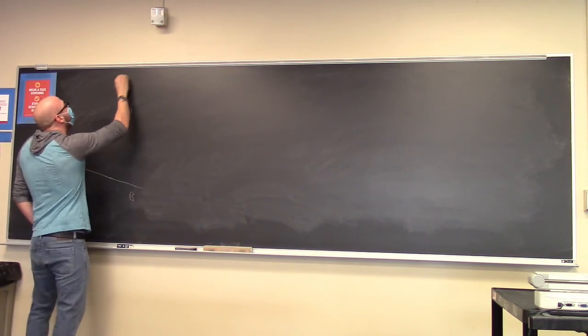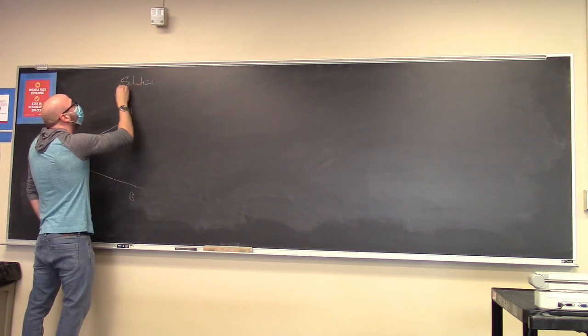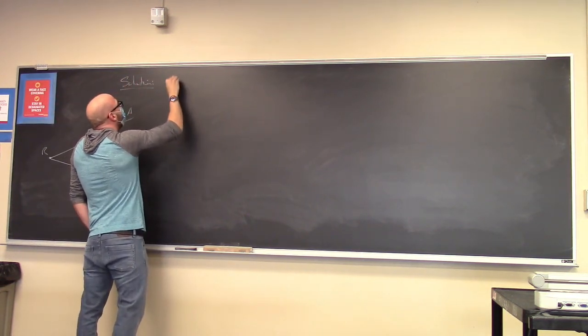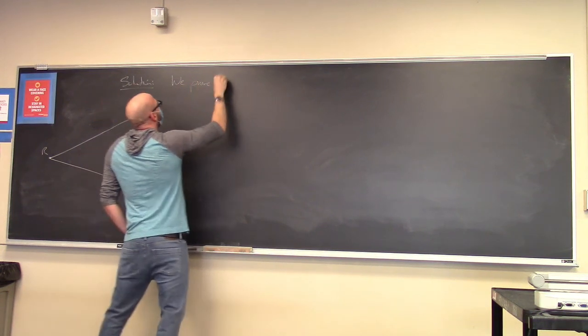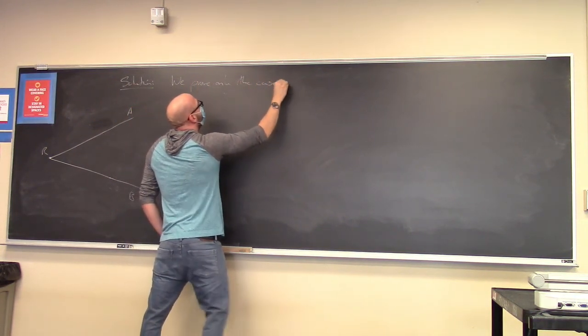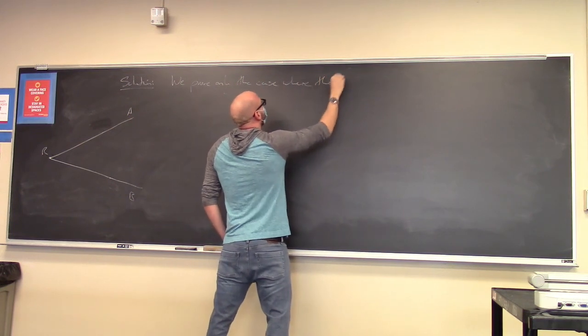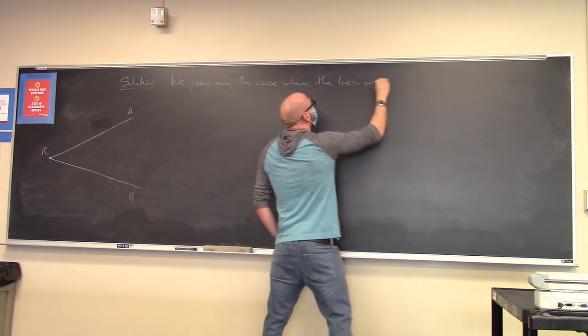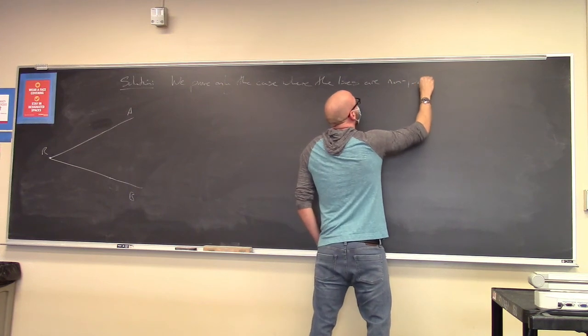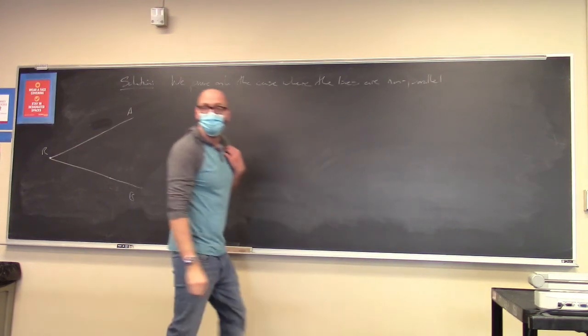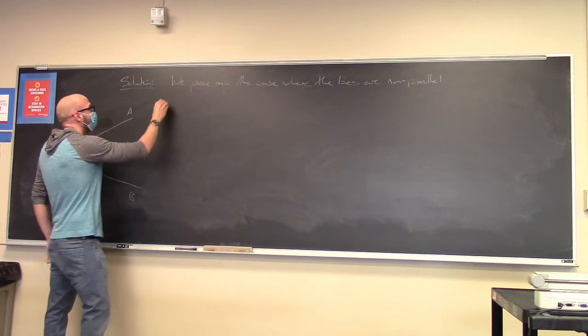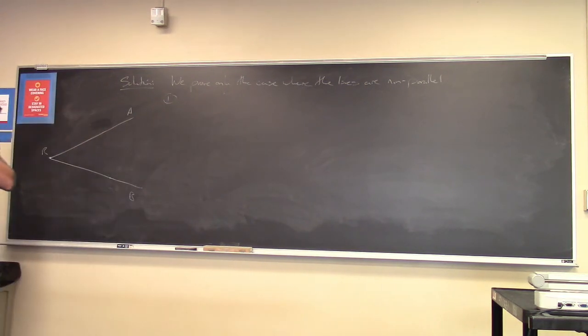So our solution: we prove only the case where the lines are non-parallel. Intersecting lines. So, step one, let's just let R be the point of intersection, so we can call the lines RA and RB.